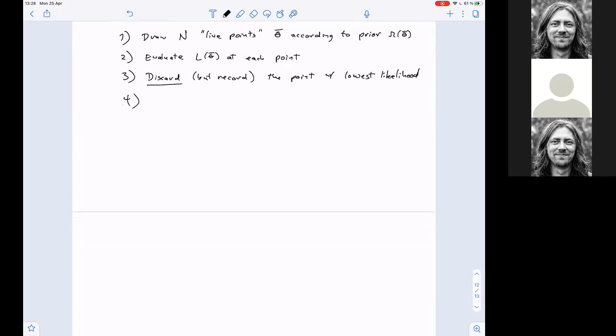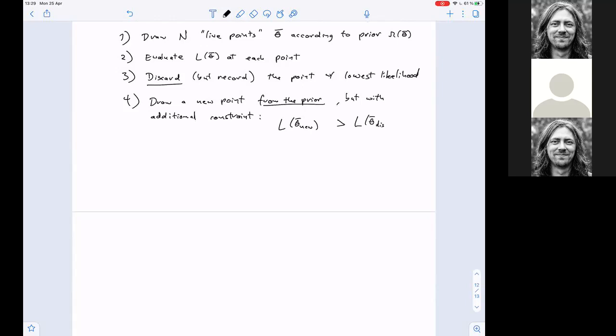And then the key step is that you sample a new point. So draw a new point, and you sample it again from the prior, but you impose an additional constraint, and the constraint is that the likelihood of your new point has to be larger than the likelihood of the point you just discarded.